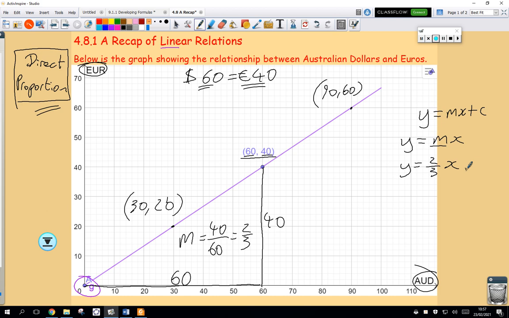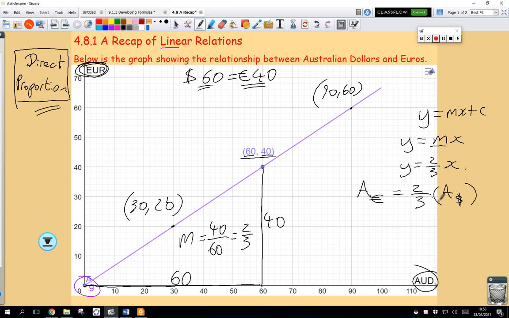Okay? And we can translate that, y equals 2/3 x, into the variables in question. Remember, on the y-coordinate we have the amount of money in euros. So the amount of money in euros is going to equal 2/3 times whatever my x-coordinate represents. Well, my x-coordinate represents my amount of money in Australian dollars. So the amount of money in euros is 2/3 times the amount of money in Australian dollars.